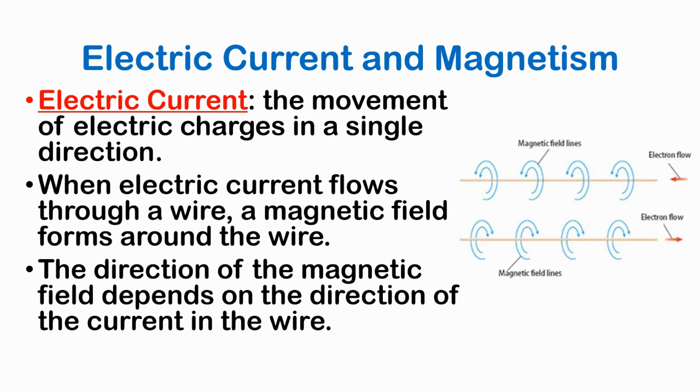That's how we build electric motors, for example. We design the way we shape and coil wires to create magnetic fields, and we control the direction of the electricity. Then we have this interaction of magnetic fields, and we can get it to do work. The direction of the magnetic field depends on the direction of the current in the wire.